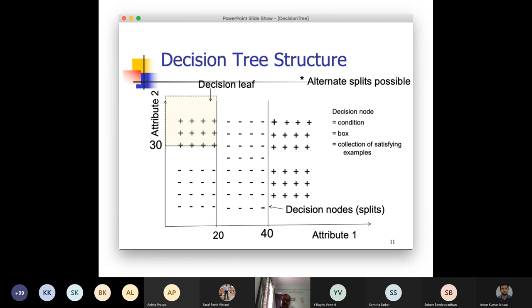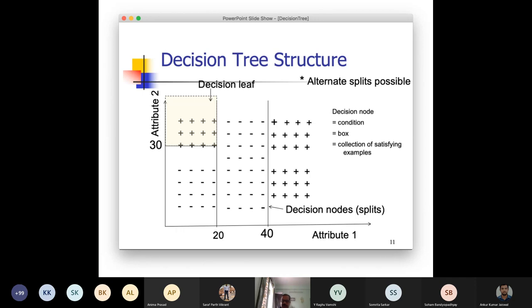So I just mentioned this thing, so let me not repeat further, but I hope this is understood with respect to these examples. You see that I mentioned that alternate splits are possible. Then decision nodes, there would be a condition. Then you go to a particular box, a particular region, and you check the samples in that box, whether it is pure or impure.